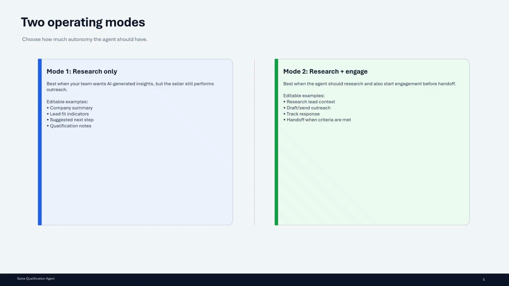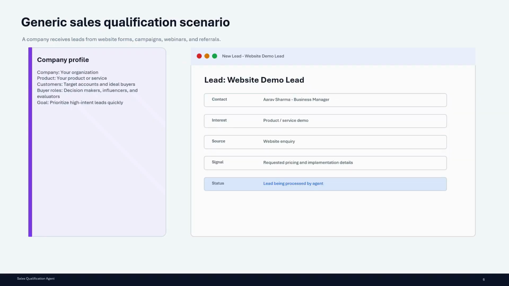In this mode, the agent can research the lead and also start engagement before the handoff, based on the configuration of the agent. The right mode depends on how much control your organization wants the agent to have. All right, moving on to the next slide.